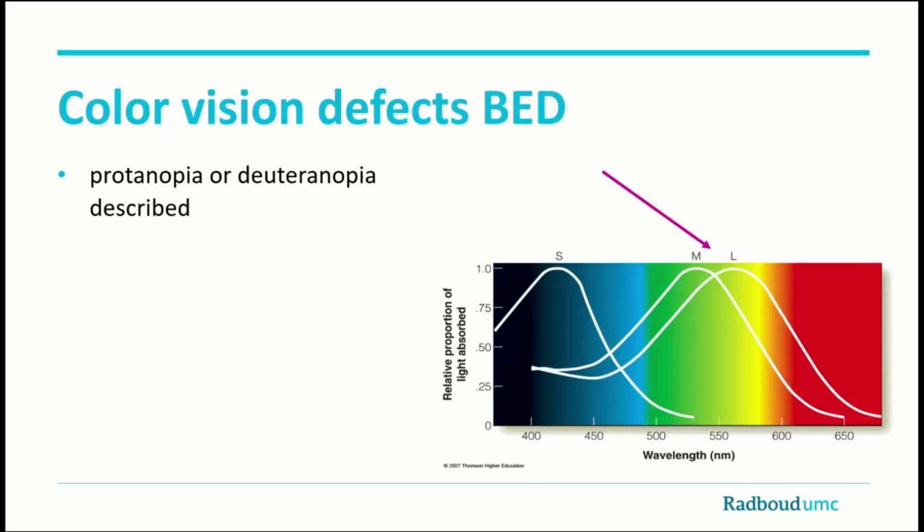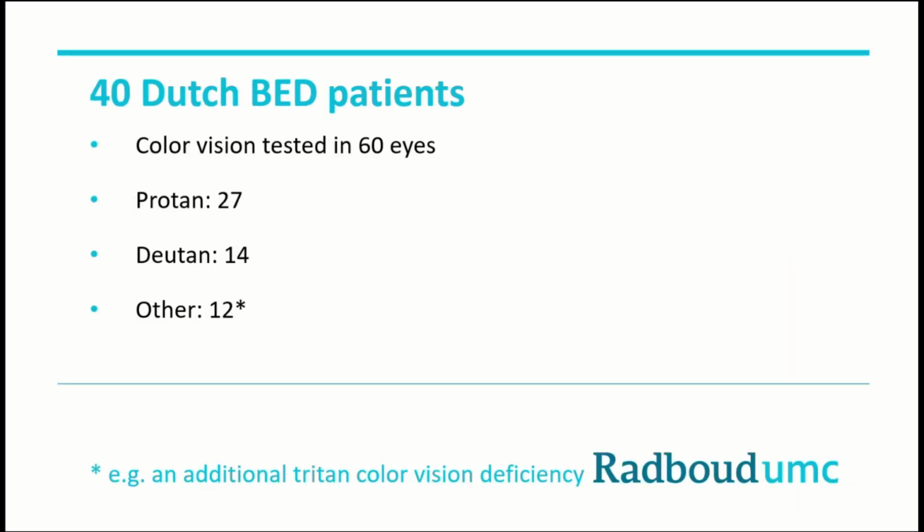So what was found in the patients with Bornholm eye disease? Of interest is that both protanopia and deuteranopia were described. That's not a big surprise if you look at the fact that the M and the L cones are, again, in the same cluster.